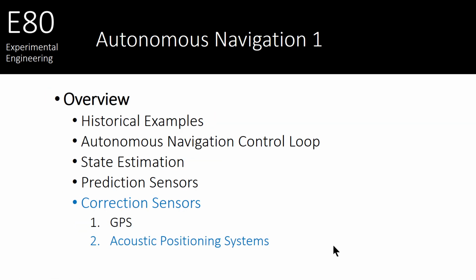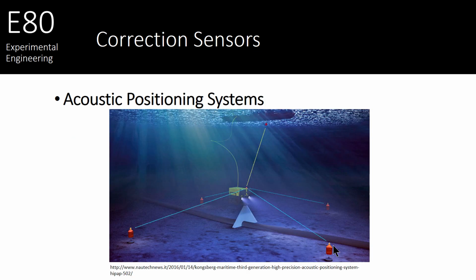Now, something else to note is while GPS is ubiquitous and everywhere in our daily lives, it's not for the underwater world. In fact, those GPS signals being transmitted by satellites do not really penetrate into the ocean or into lakes or even into swimming pools. Hence, we've built acoustic positioning systems.